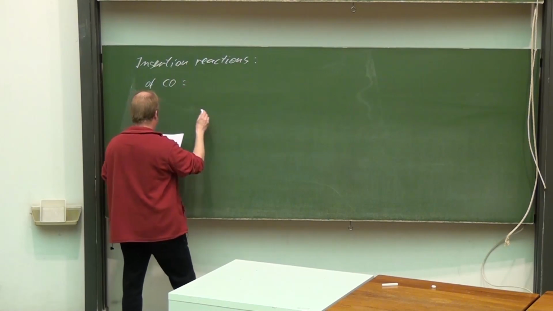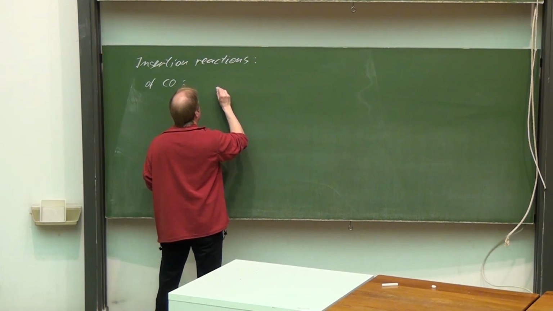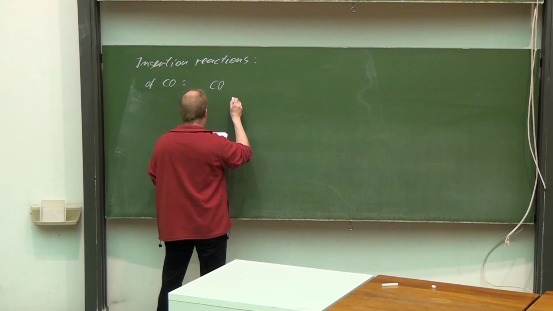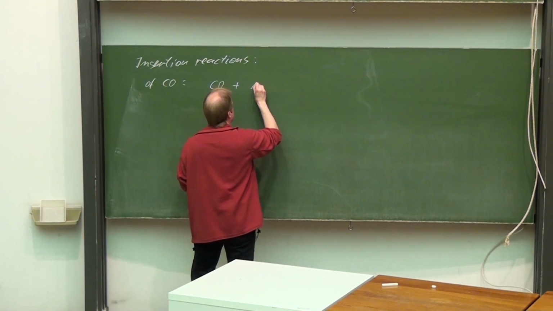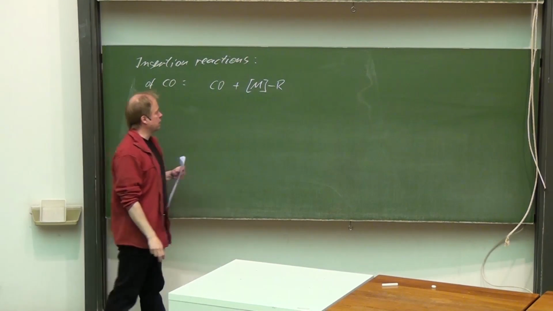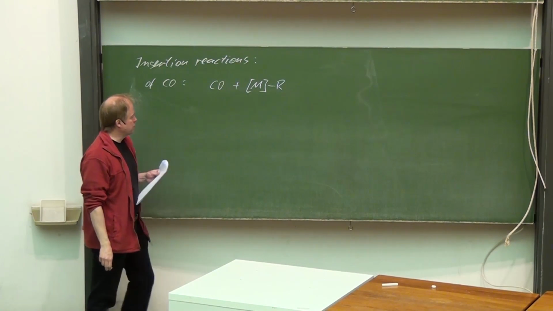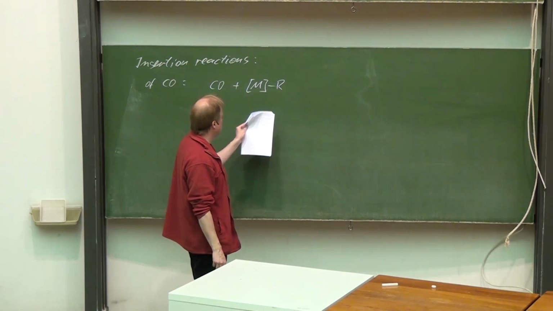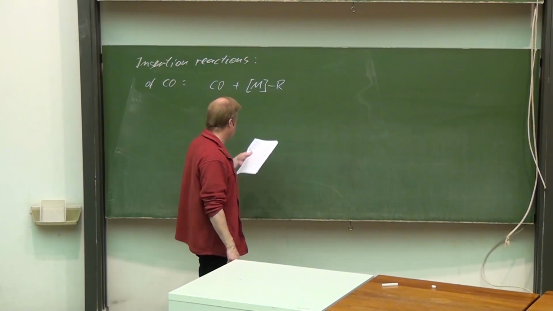So, carbon monoxide is offered to a coordinatively unsaturated complex with a substituent R, maybe an alkyl or aryl substituent.